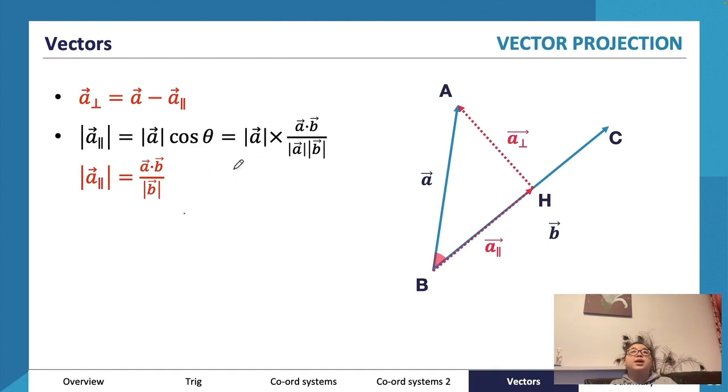So an easy way to write it is A dot unit vector B, and then unit vector B again, because essentially it's how far A is moving in the direction of B, and because this is a unit vector, it won't affect the magnitude of it. And then you're going to times it by unit vector B again, because you're going to say, okay, this is the actual direction of B, so I'm going to move it in the direction of B, and that gives you a vector of how much A is moving in the direction of B, so how much it's projecting in that direction.